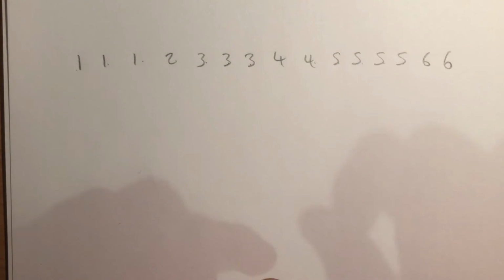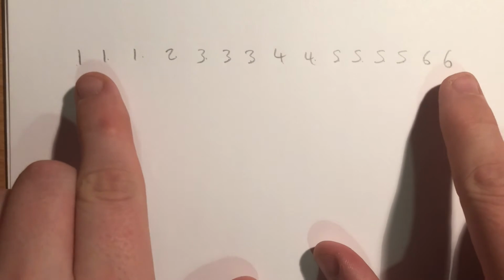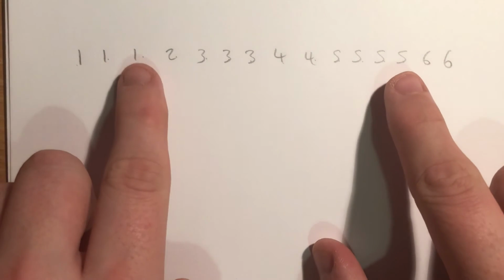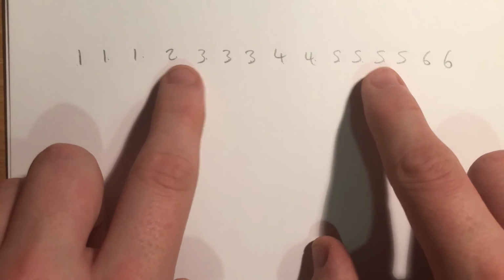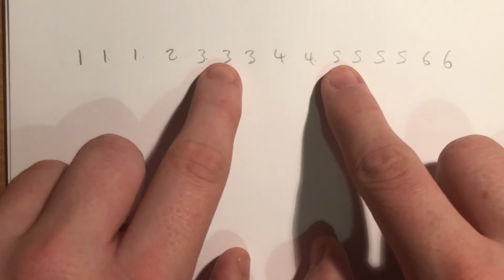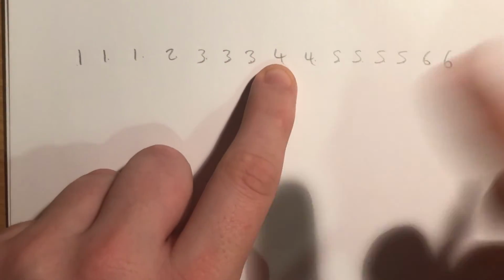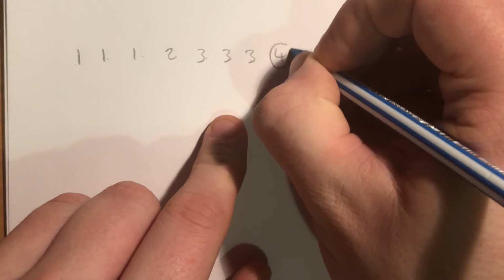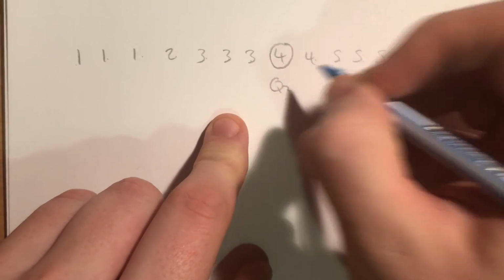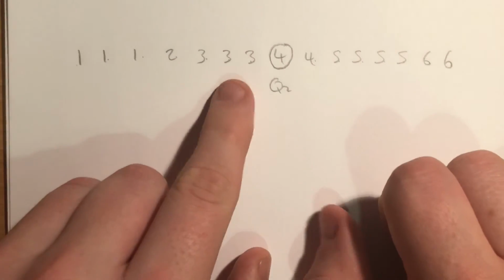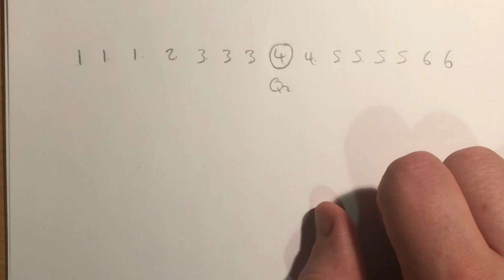Right, so same idea again. We're going to count in 1, 2, 3, 4, 5, 6, 7, 8. Our eighth number is in the middle there. It's 4. We're going to call that one Q2. And you notice there are 7 numbers above and 7 numbers below in that data set.